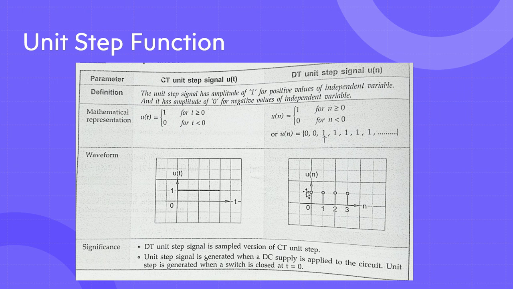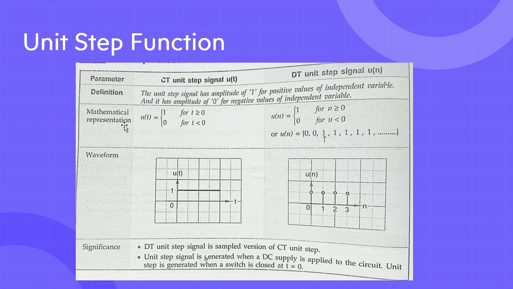The amplitude will be 1 for all the samples collected on the right hand side, and 0 for all the samples on the left hand side. So that is your unit step signal.